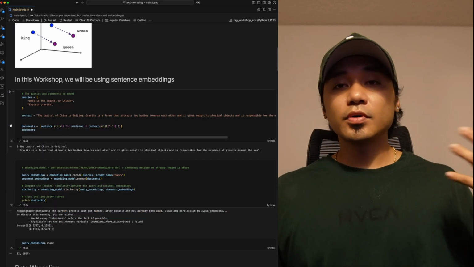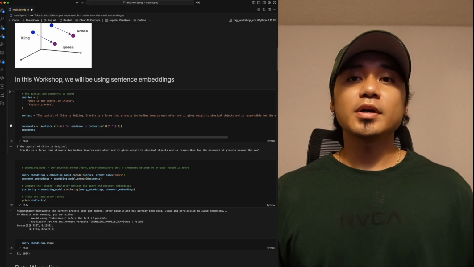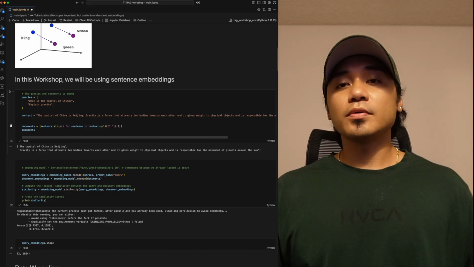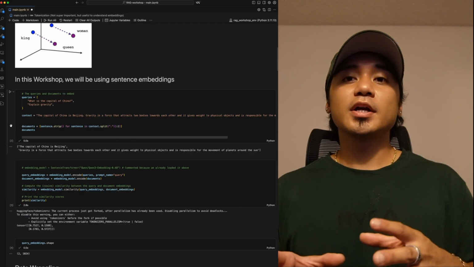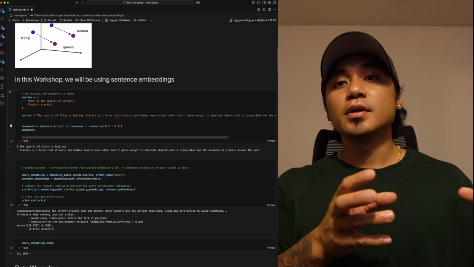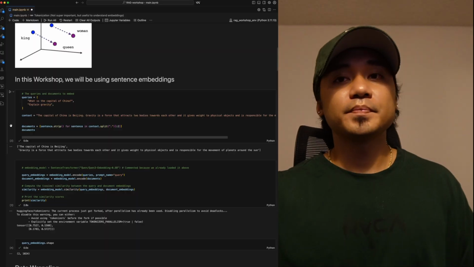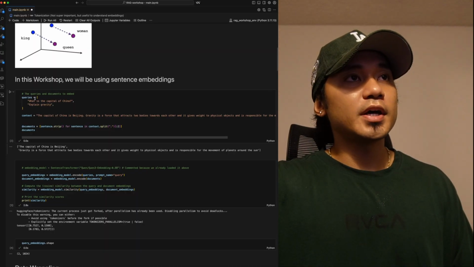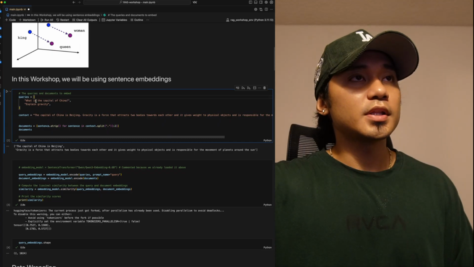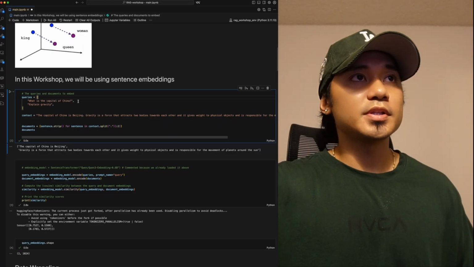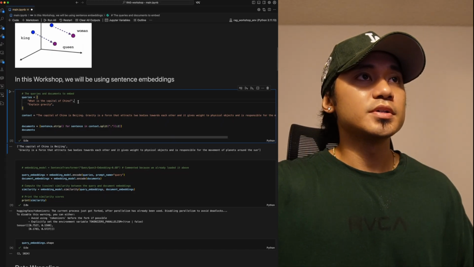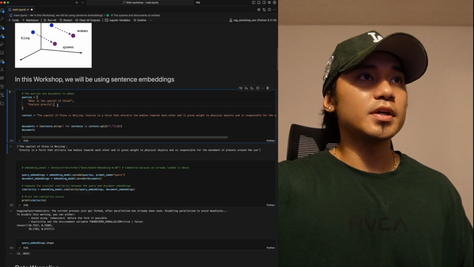So now you know what tokens are, and now you know what embeddings are. Now I'm going to show you how you can find the similarity between embeddings once they're transformed into this numerical representation. So in this notebook cell, I have an array that has two sentences. Sentence 1 is what is the capital of China. Sentence 2 is explain gravity.